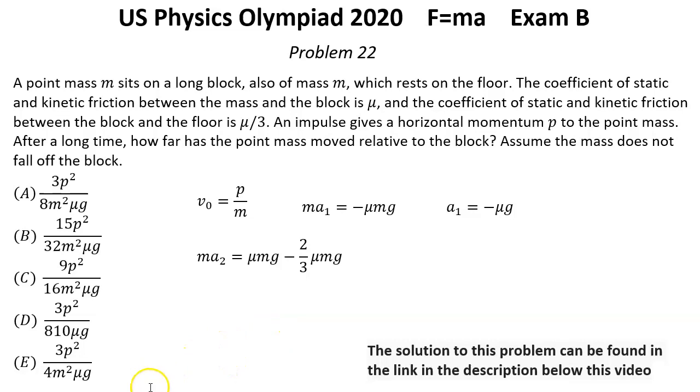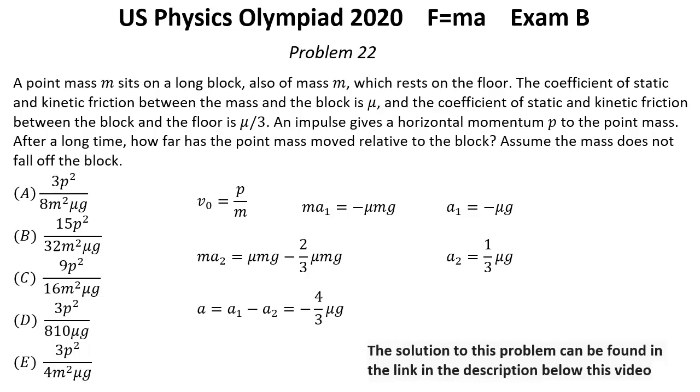So from here we can find that a2 equal 1/3 mu g. Now we can find the total relative acceleration of the point mass compared to the block. That will be a1 minus a2, which is negative 4 over 3 mu g.